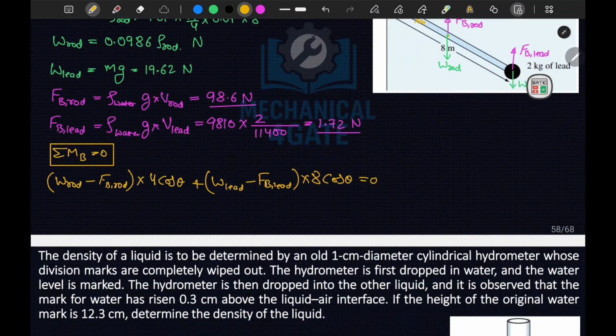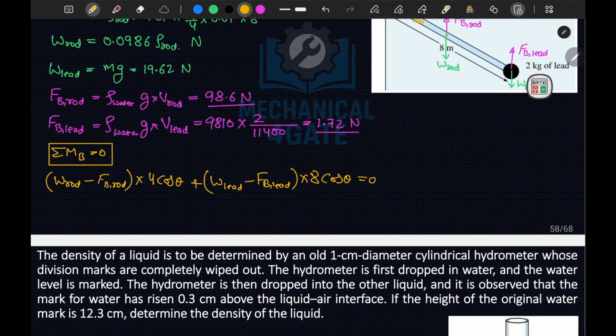So if I substitute the values, this will become 0.0986 times rho of rod, minus FB rod. FB rod is 98.6, equal to 2 times FB of lead minus weight of lead.